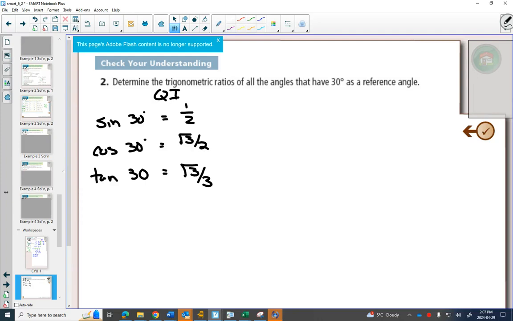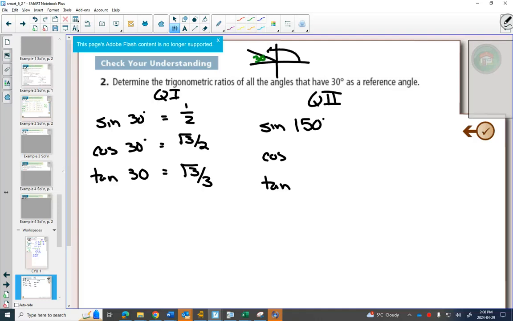In quadrant 2, what angle has a reference angle of 30 degrees in quadrant 2? 150. Right? Because if you think about it, here it is in quadrant 2, it has a reference angle of 30 degrees.